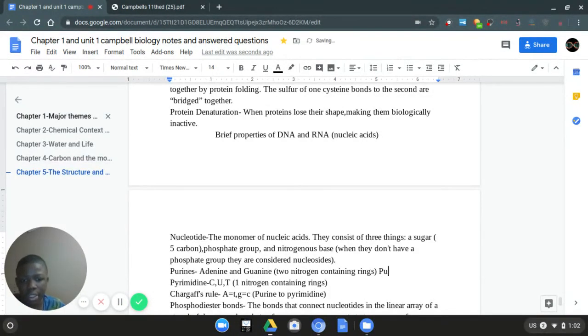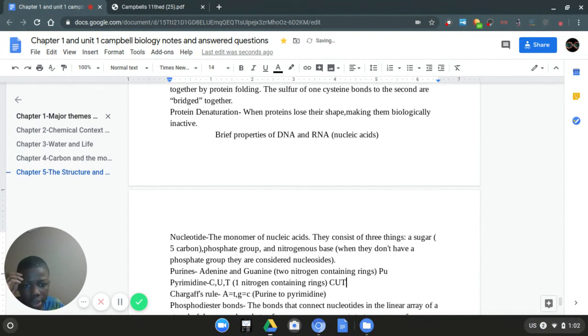I'll write it out so you can see it. So purine, and for pyrimidine, there's one nitrogen-containing ring, and you can just do cut the pie. That's how you memorize it.